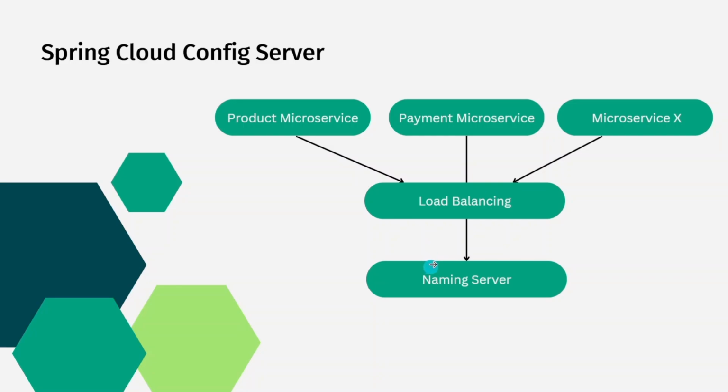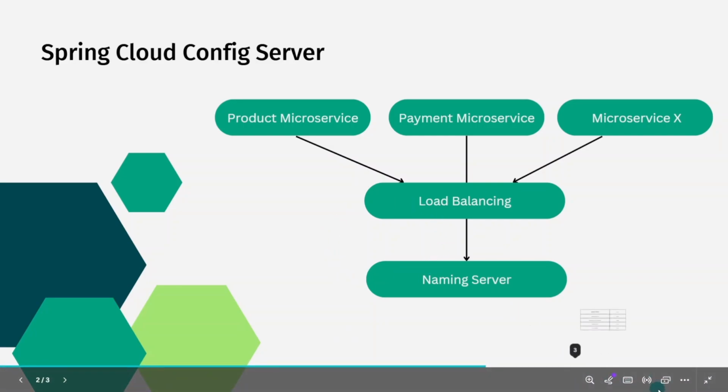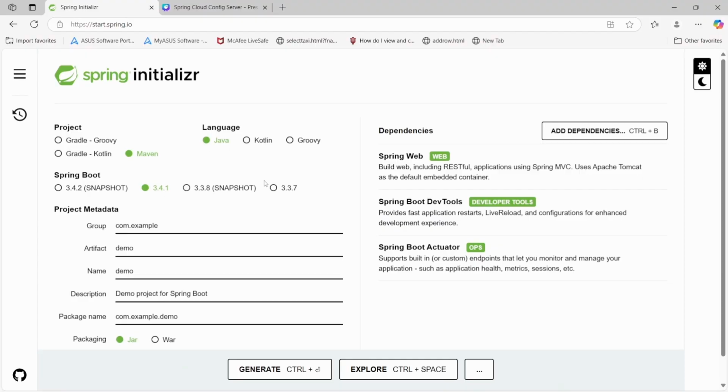So let's go to the initializer and create a Eureka naming server. First choose the language Java, project Maven. I will choose 3.3.7. Then group microservices, then artifact name, let's say naming server, and make it small, naming server done.